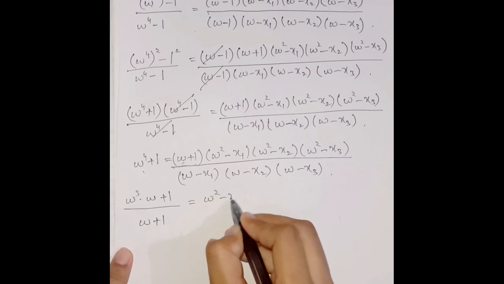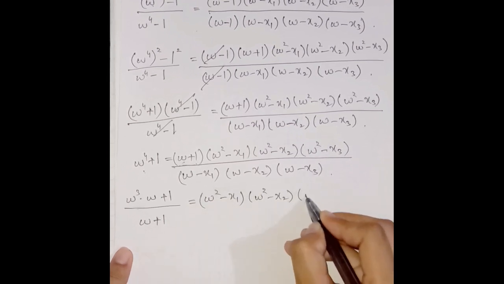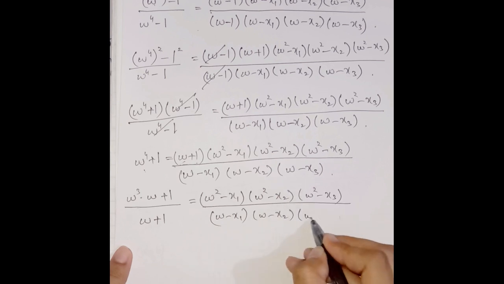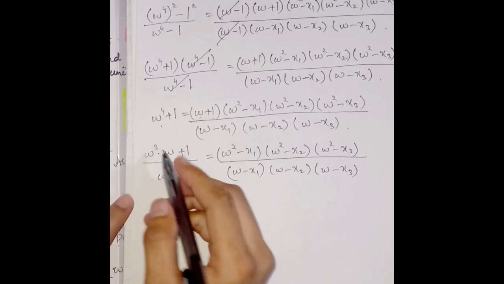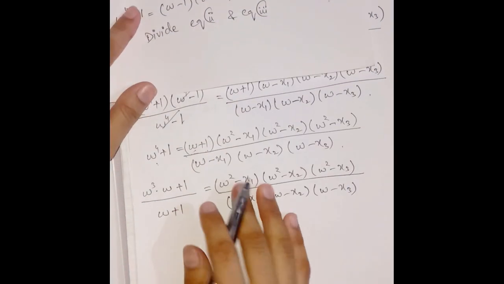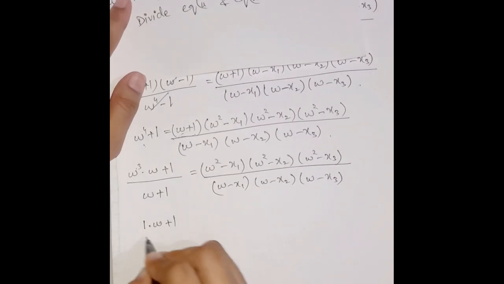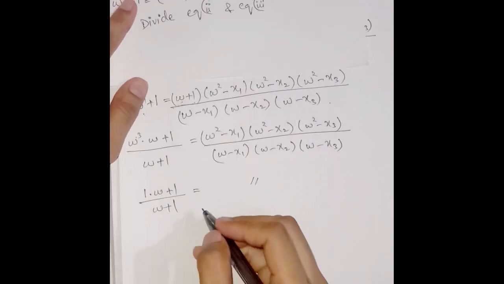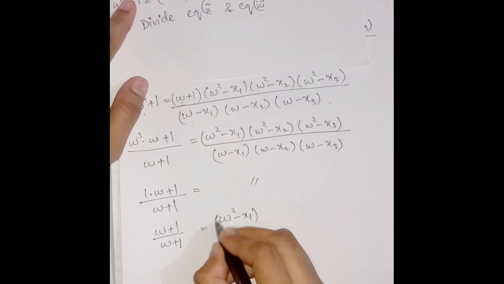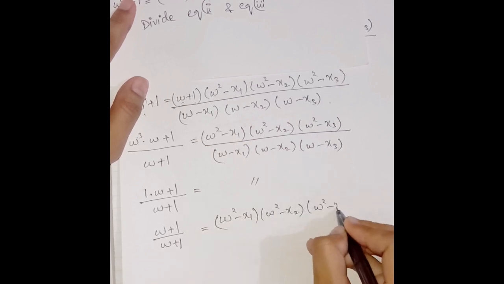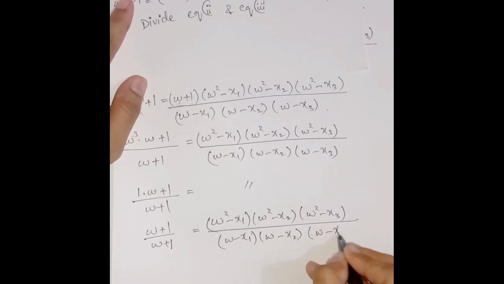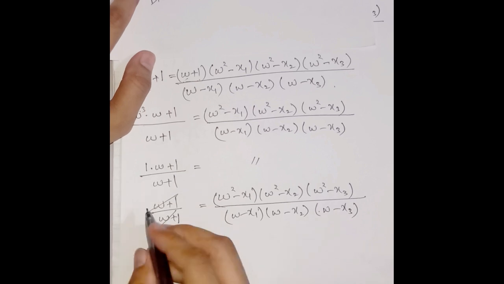As we know, omega cube is equal to 1, so I write 1 times omega plus 1, divided by omega plus 1, equals (omega square minus x1)(omega square minus x2)(omega square minus x3) divided by (omega minus x1)(omega minus x2)(omega minus x3). So they cancel out and only 1 is left.